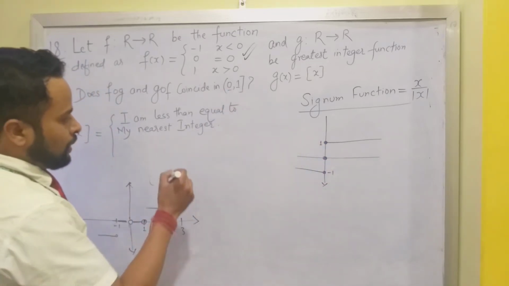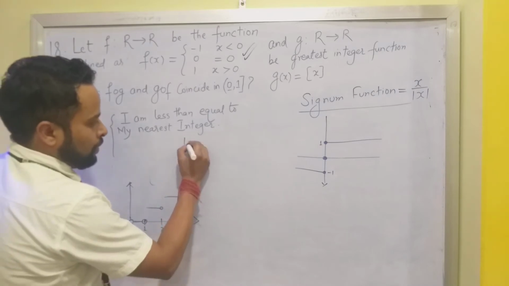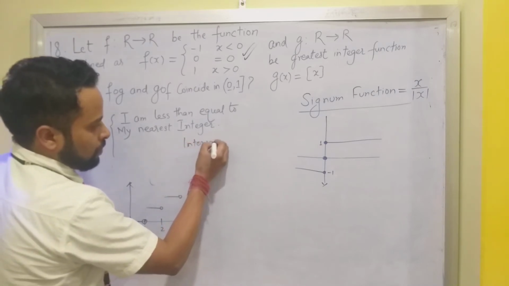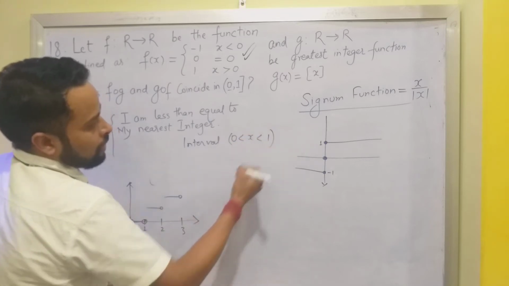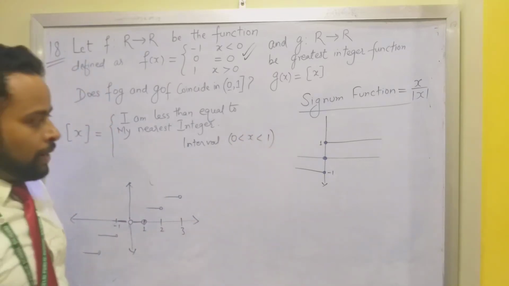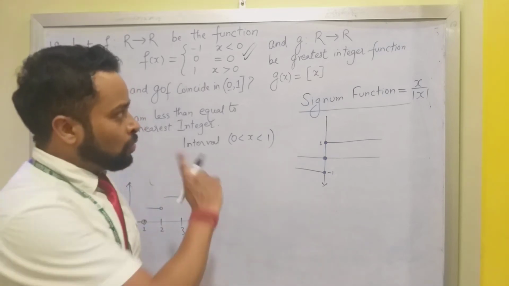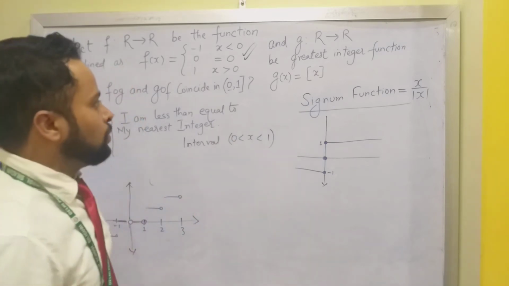But what if it is in the interval 0 less than x less than 1? I'm talking about the open interval 0 to 1, not 1, because at 1 they are coinciding; in between is what the question is asking.